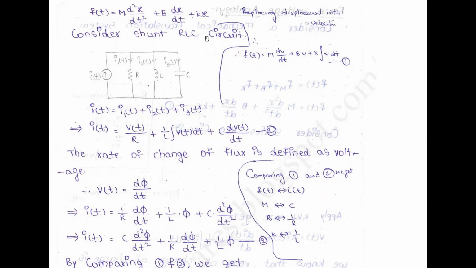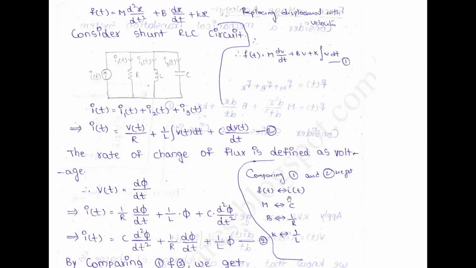Consider the shunt RLC circuit. In the force voltage analogy, RLC is connected in series. In the force current analogy, mass is replaced by capacitor, B is replaced by resistor, K is replaced by inductor. In the force voltage analogy, mass is inductor and K is capacitor.